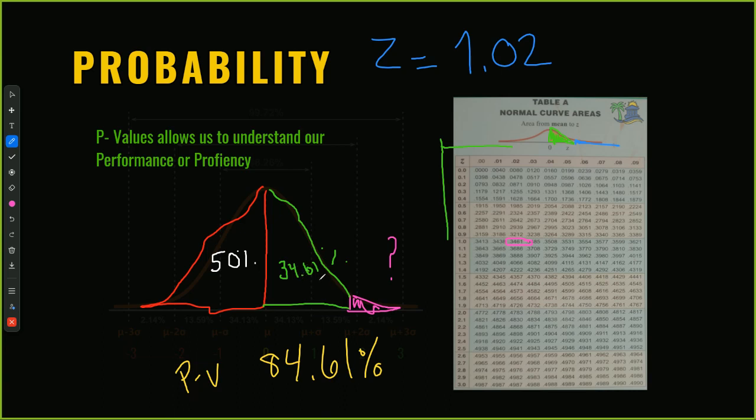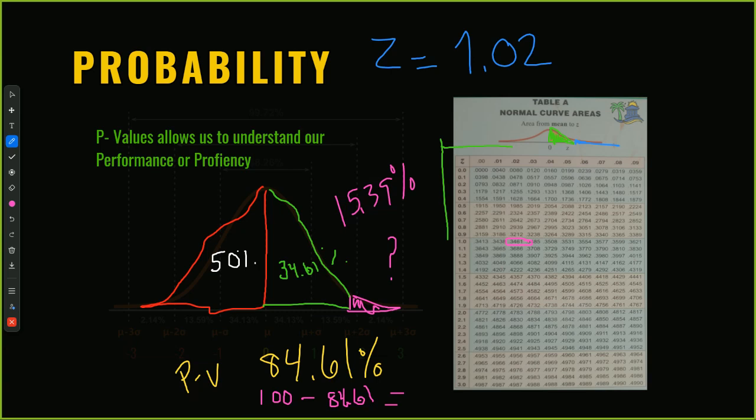If I'm looking at it as a whole distribution, my probability of not hitting the mark is going to be 100 minus 84.61. And essentially, that shaded region then becomes 15.39%. That's saying out of your distribution as a whole, that's my likelihood of not hitting the mark.